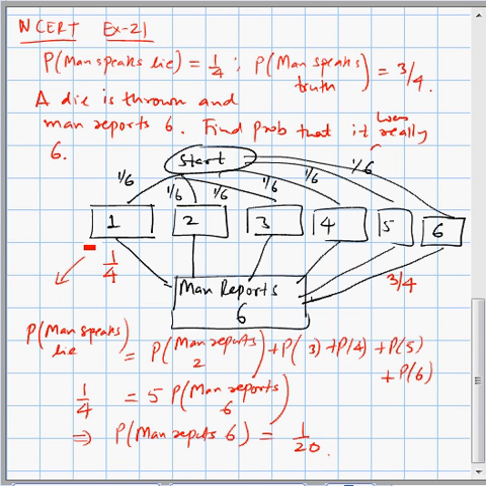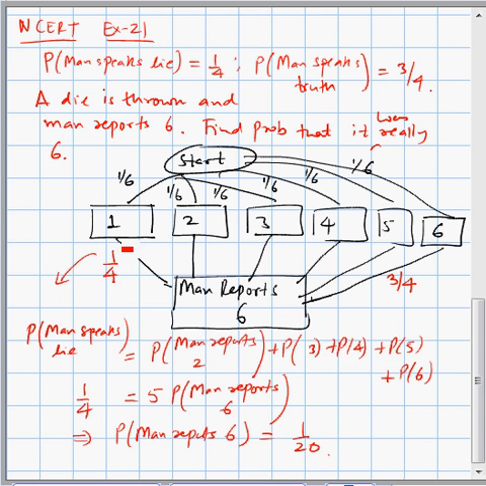But ideally, we should take it as 1 by 20, because if man can report 6, man can identify 6. It means he's capable of identifying each and every number on the die. It means automatically he's able to comment on each and every number on the die. So if 1 occurs, he is able to speak lie as 2 or 3 or 4 or 5 or 6.